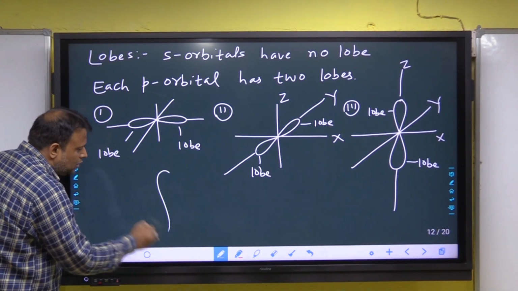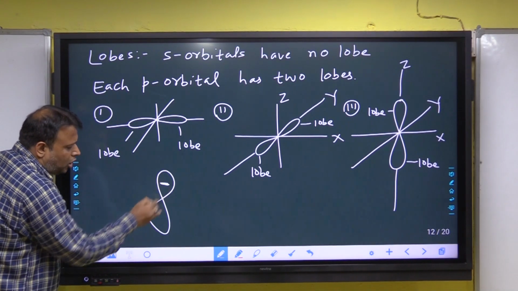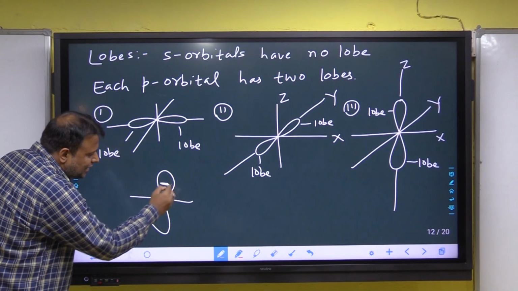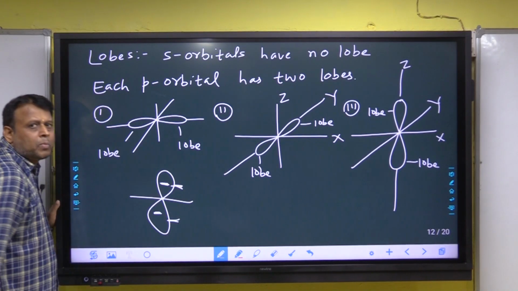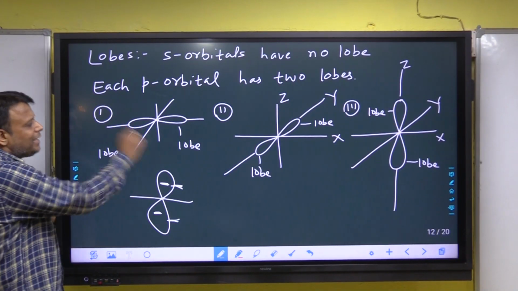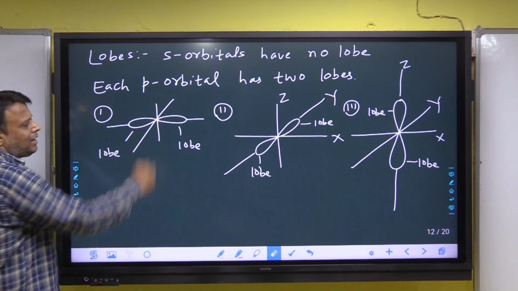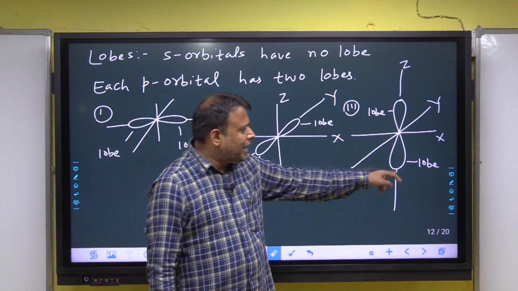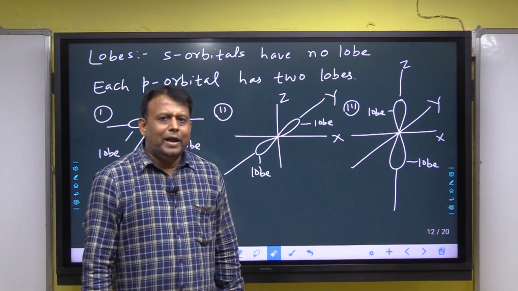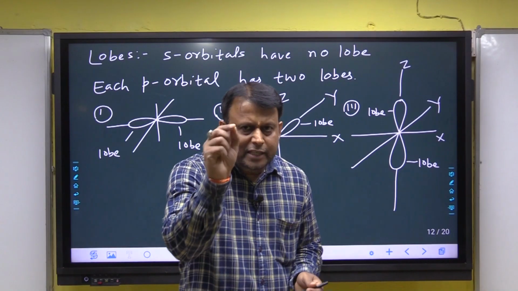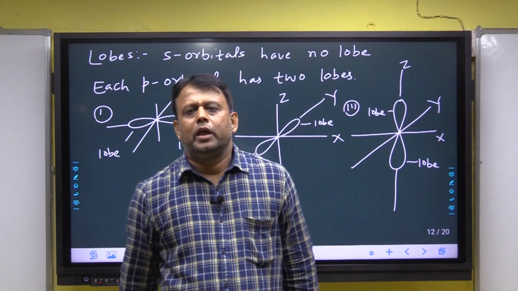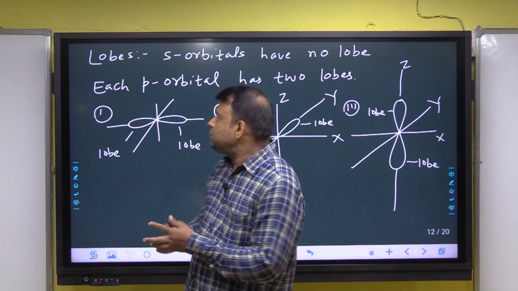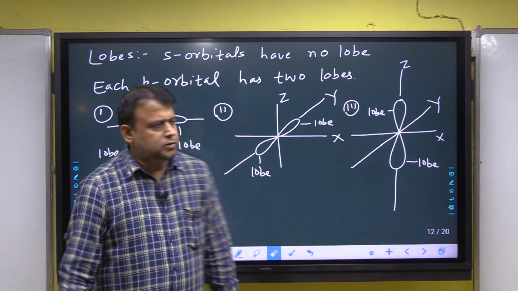It is one part of electron density and this is the other part of electron density, and each part is called a lobe. So px, one part, other part, lobe; py, one part, other part, lobe; pz, one part, other part, lobe. Hence each p orbital has 2 lobes.